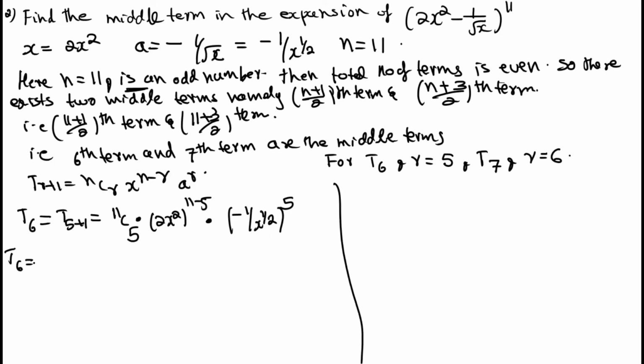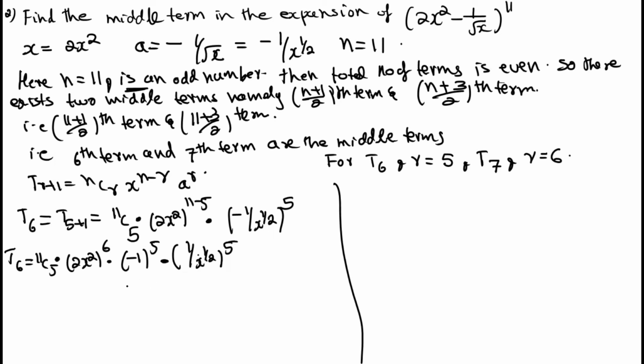T6 is equal to 11C5 into 2 into (2x²) to the power 11 minus 5, which is 6, into, you can write it as, (-1)^5 into 1 by x^(1/2) to the power 5.